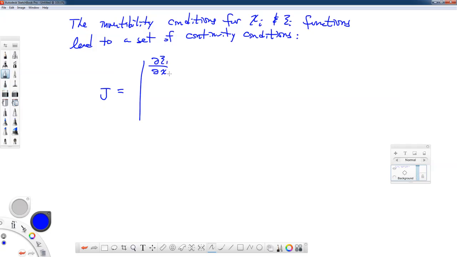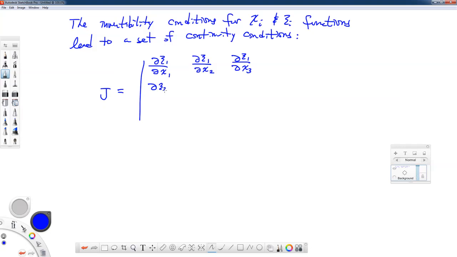So for example, the first term would be partial of xi1 with respect to x1, and the remaining entries would be similar. Across each row we'll hold the xi function constant and take the partial derivative of that with respect to x1, x2, and x3 respectively.